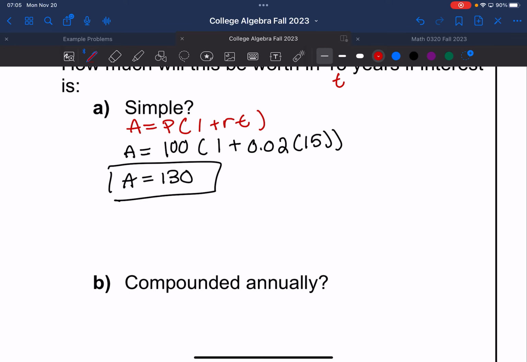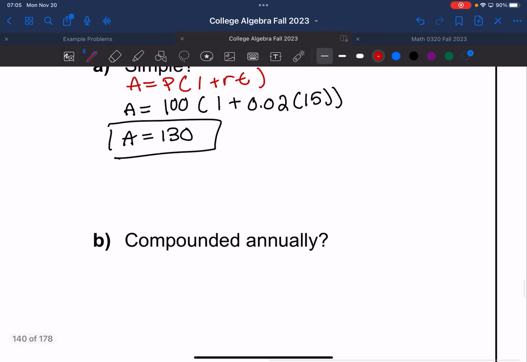Next one, compounded annually. So this is that A is equal to P times 1 plus R over N to the power of NT. Remember, we're using this formula for majority of the questions. The only thing that changes is our N value. So since it says annually, our N is going to be what number? 1.